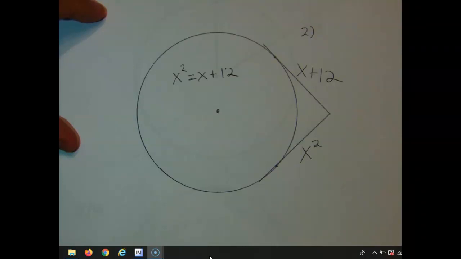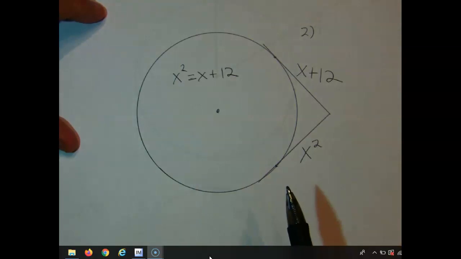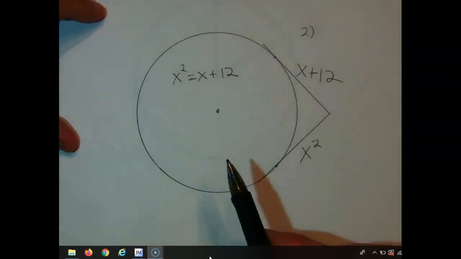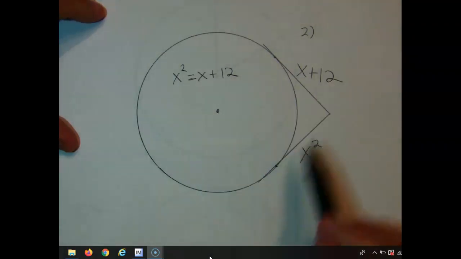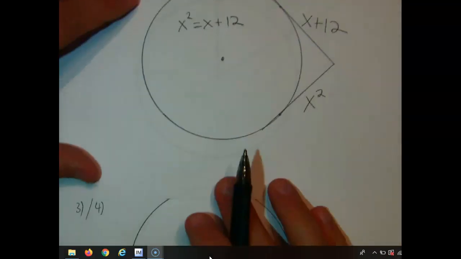You learned in Algebra 1 how to factor quadratic equations. So what I'm going to do is show you a couple examples of how to factor, and then we'll show you how this is solved. Let's look at a couple examples of factoring.